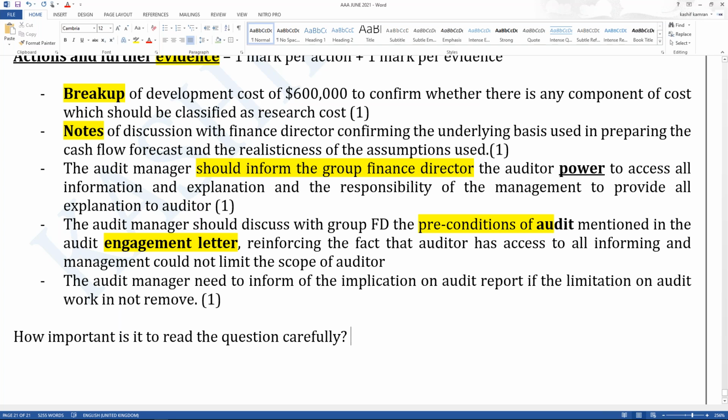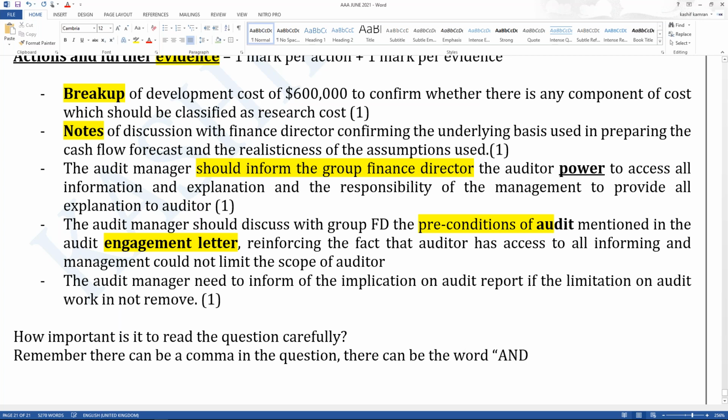So if you read the question carefully, remember there can be a comma in the question which splits the question. There can be the word and in the question which breaks the question.